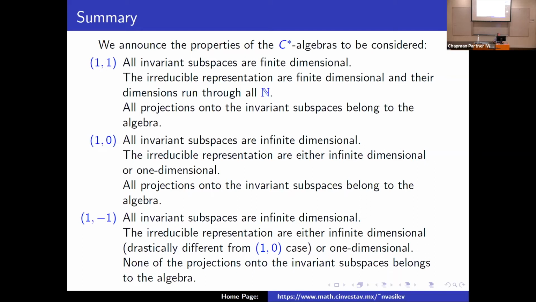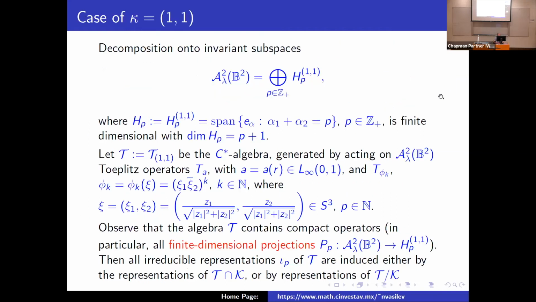Now let's consider briefly all of them. Case (1, 1). This is our representation of the Bergman space as a direct sum. Each subspace is finite dimensional, spanned by basis elements with alpha 1 plus alpha 2 equal to p. It is a p plus one dimensional space.